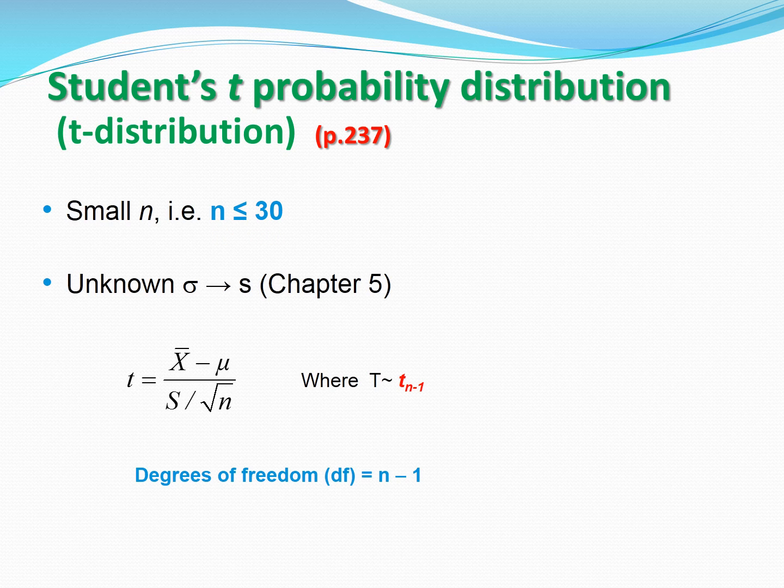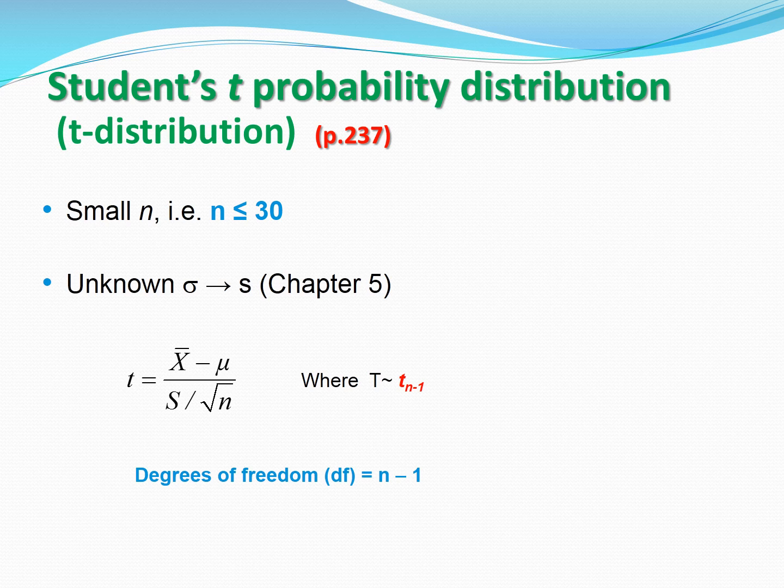Then if you look at the formula that we use to transform the value of our sample mean into a t-random variable, it's similar to the one that we used for the central limit theorem. The only difference is that our population standard deviation is now unknown, so we can estimate that value with our sample standard deviation that you covered in chapter 5 in STTN 111.